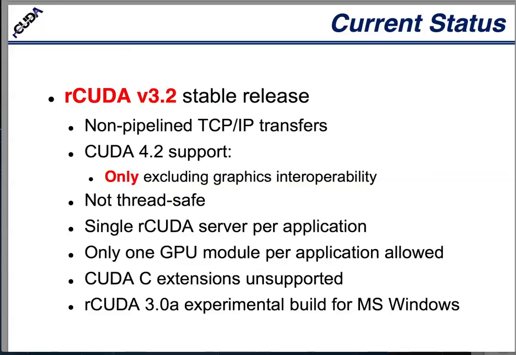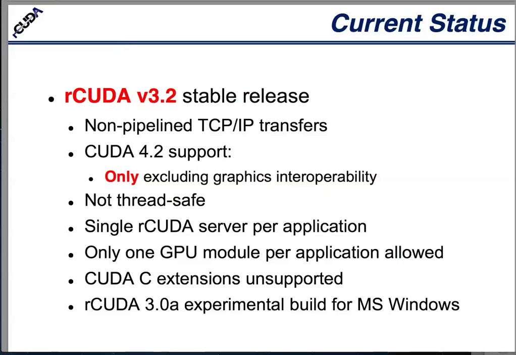Our current stable release is rCUDA 3.2. As you remember, it doesn't do pipeline transfers. It uses the TCP/IP stack. It supports CUDA 4.2, excluding the graphics interoperability. It's not thread safe, and it only allows a single rCUDA server per application.